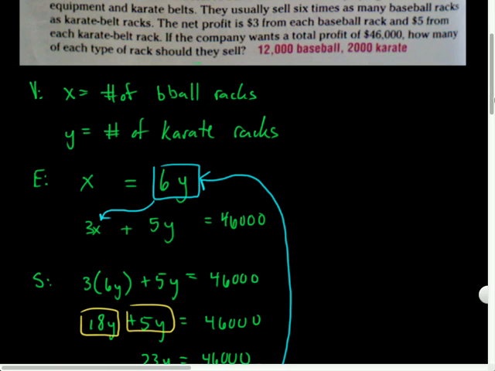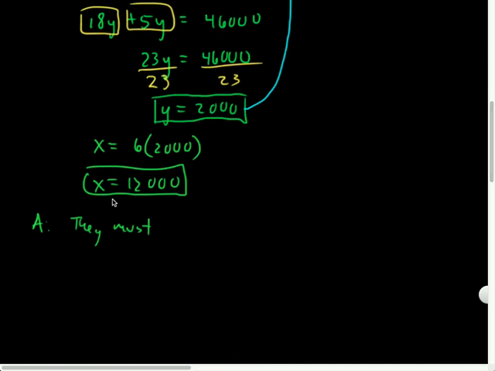So that's one of the values of defining your variables, is then you can answer the question a little better. They must sell 12,000 baseball racks and 2,000 karate racks. Bam, answered.